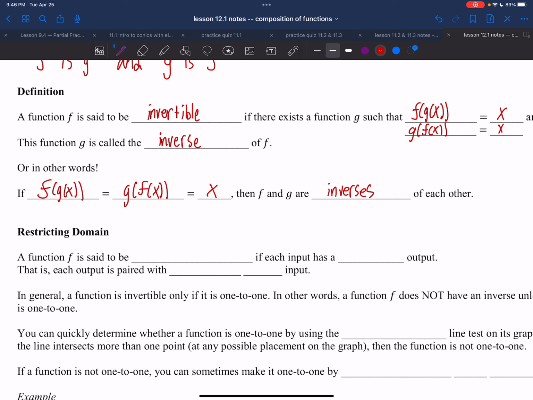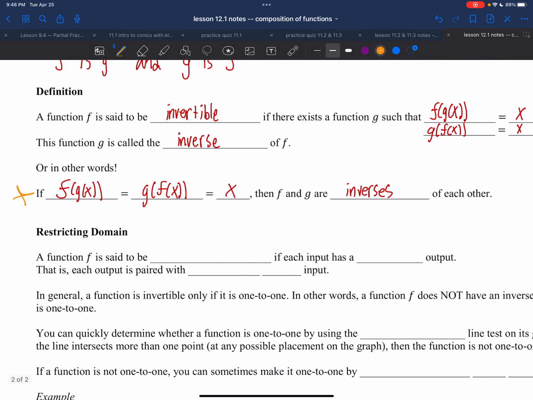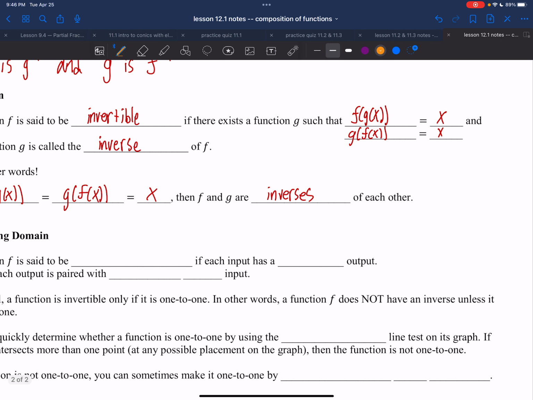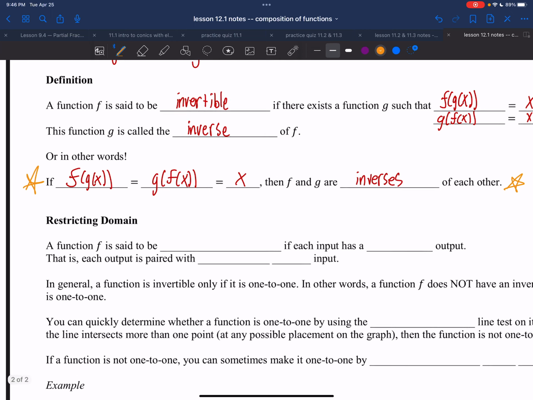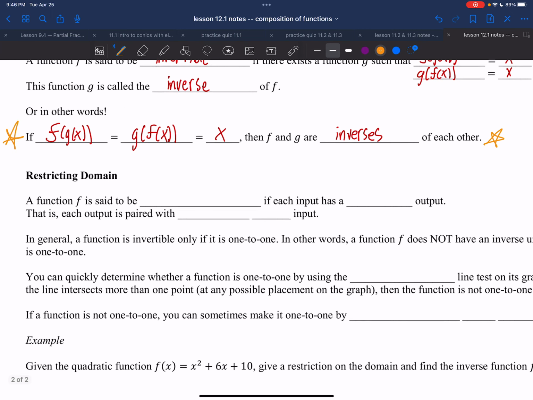So you might see a few examples in class or on your homework where it says, verify whether these two functions are inverses. If they match this property, I'm going to put a yellow star on this. If this holds, if this is true, then yes, they're inverses of each other. If it is not true, they are not inverses of each other.